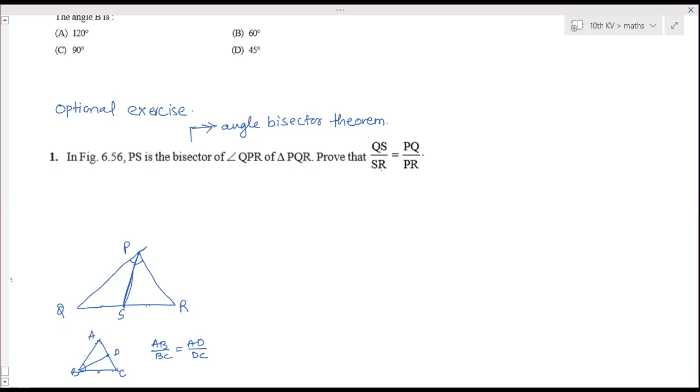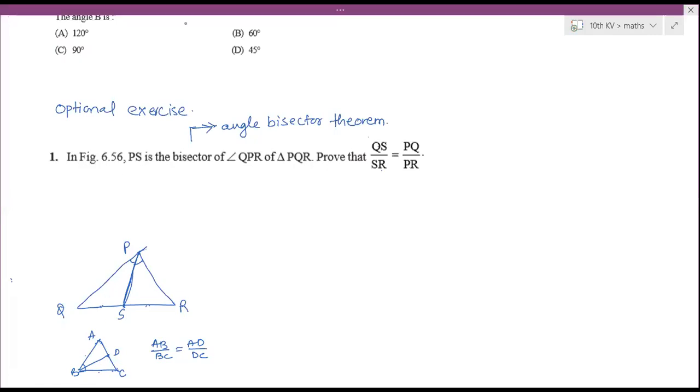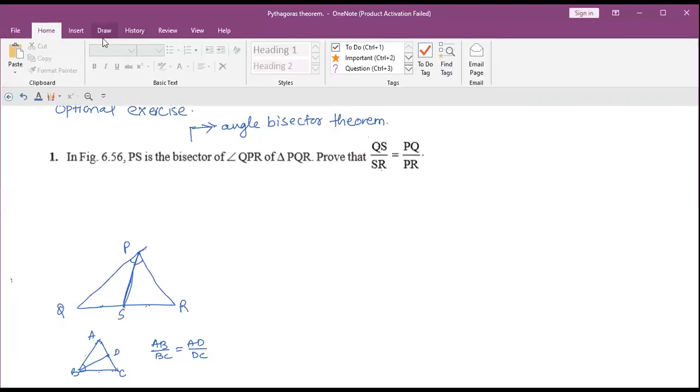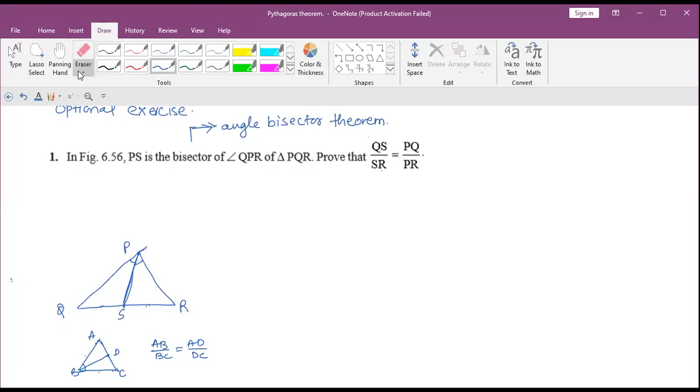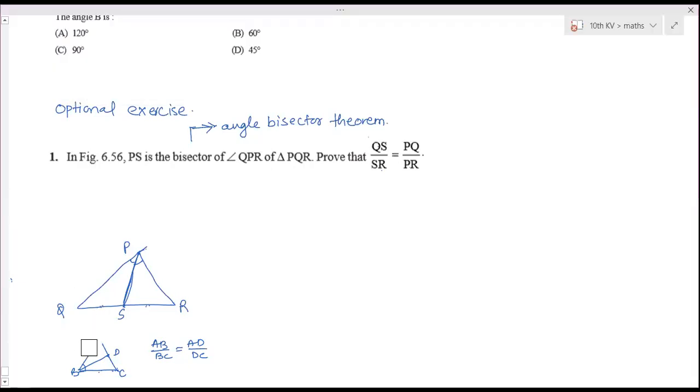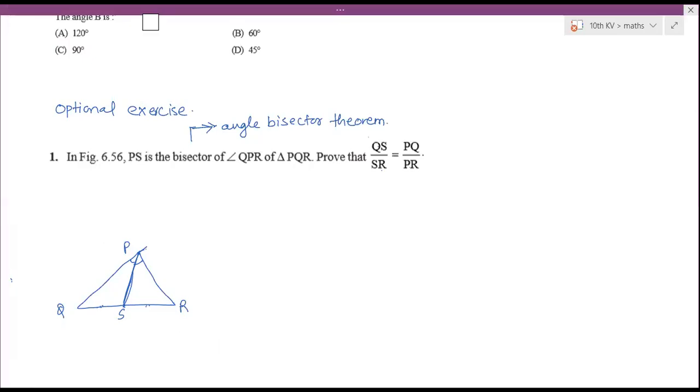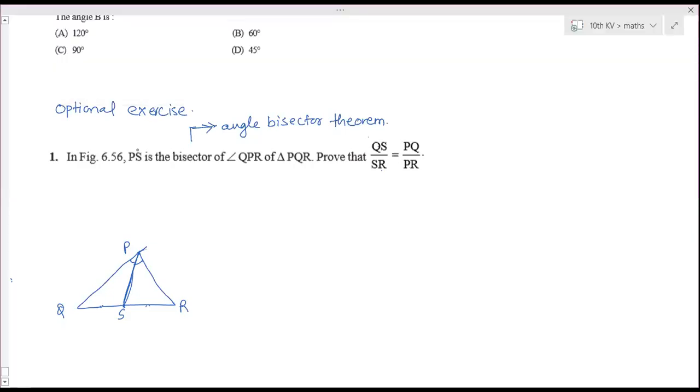So AB by BC ratio is equal to AD by DC. This we call the angle bisector theorem. Only the statement of the main theorem you are proving, you are not using it further. Its converse also we have to prove. In the optional exercise, the ninth question is the converse of this theorem.